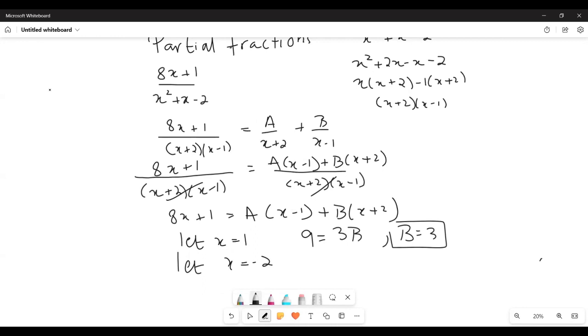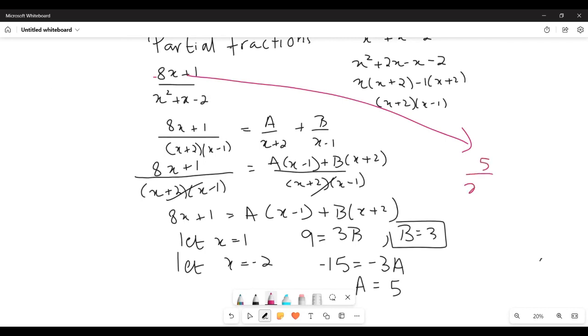We get minus 15 equals a times minus 3. So minus 3a और b की टर्म तो 0 हो गई, so a equals 5. So the partial fraction of this would be 5 upon x plus 2 plus 3 upon x minus 1.